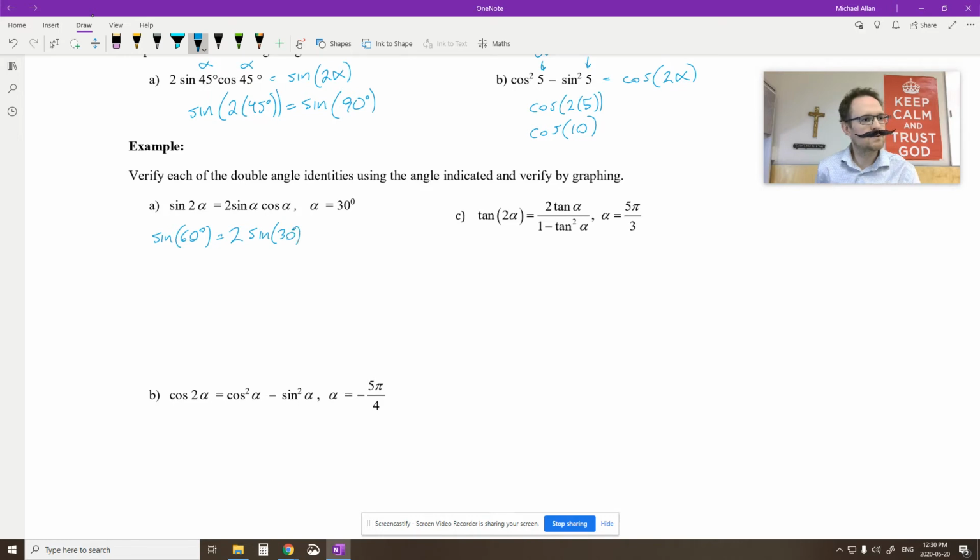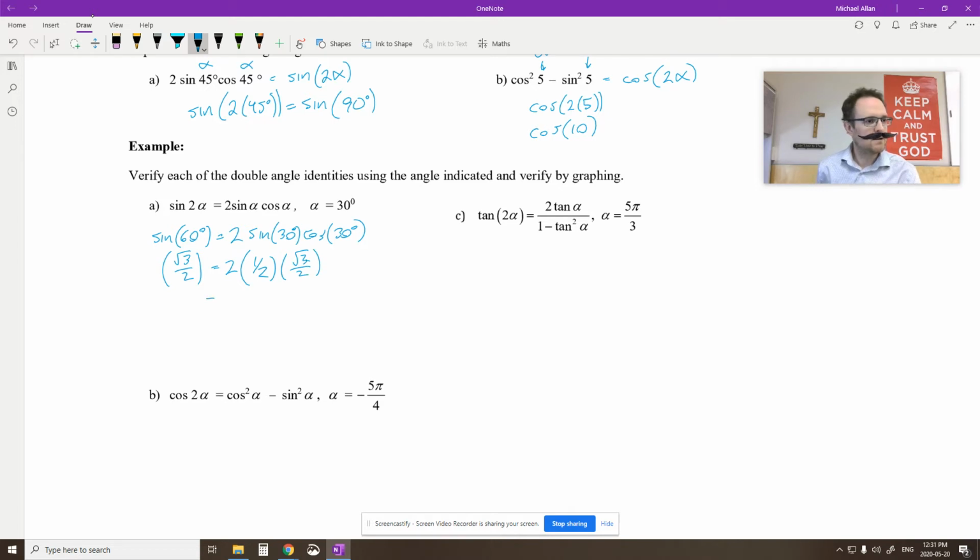Put a 30 in there. That's degrees. Okay, so sine 60, using my unit circle, you should know this one, is root 3 over 2. Sine 30 is a half, which we're going to use here. And cos 30 is root 3 over 2 as well.